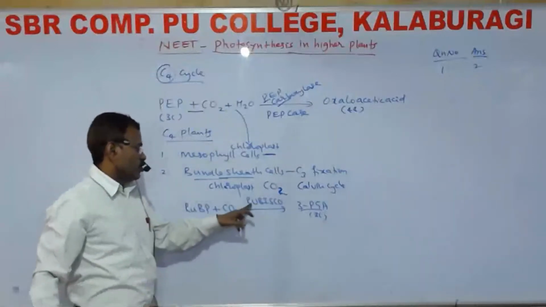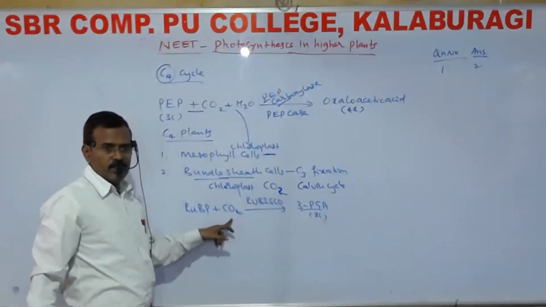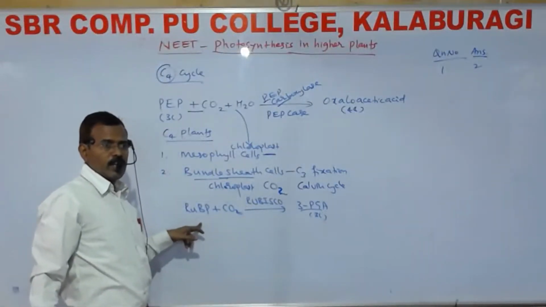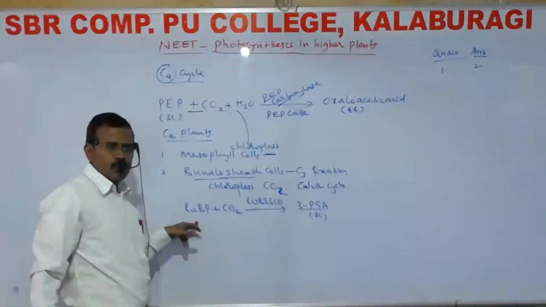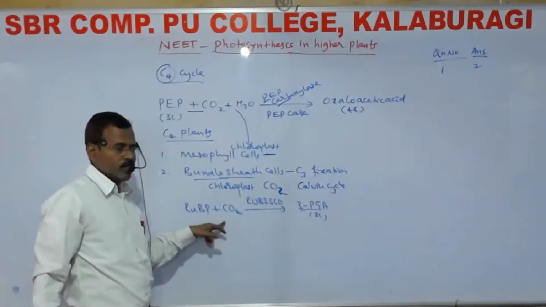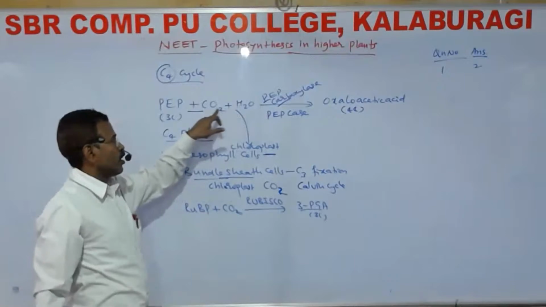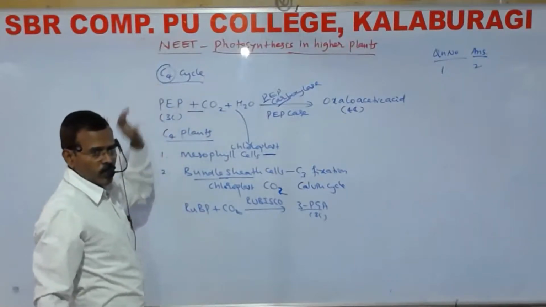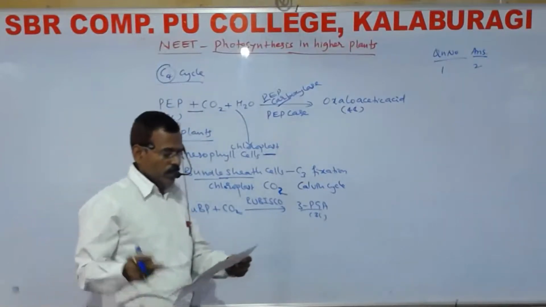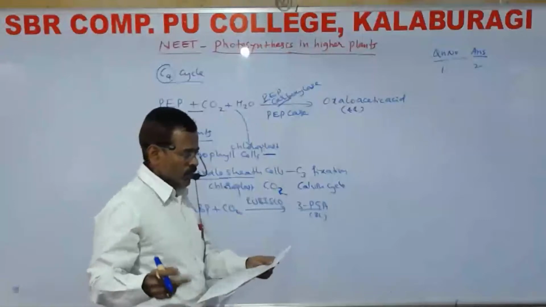So Rubisco catalyzes the carboxylation in C3 plants. Here ribulose 1,5 bisphosphate is the acceptor of carbon dioxide, and in C4 plants carbon dioxide is fixed with phosphoenol pyruvic acid. So for the second question, the first choice is correctly matched.